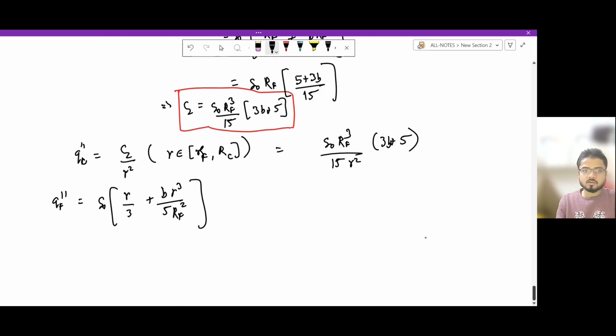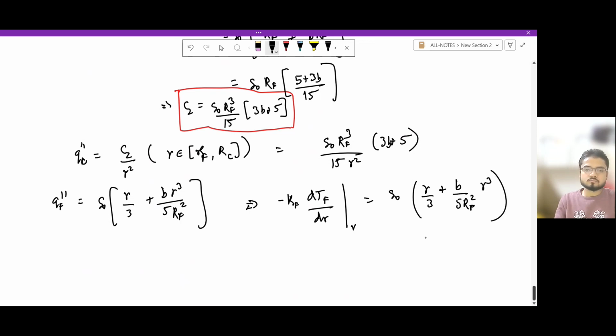I hope there's no mistake right here. And so this part you can obviously write as minus KF dTF over dr at certain R would be equal to S naught times R by 3 plus B by 5 RF squared R cubed.